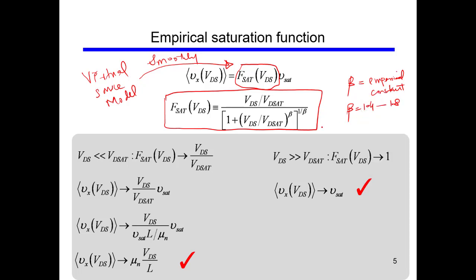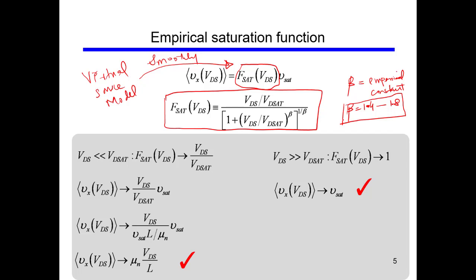There is no physical reason, but from a lot of experiments they have calculated this value for practical transistors, and it works. So let's see how this formula can be used in different regions.